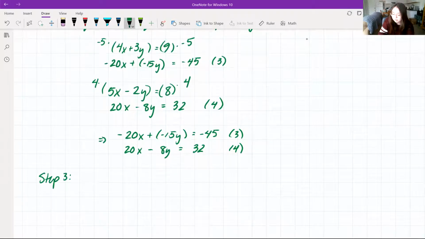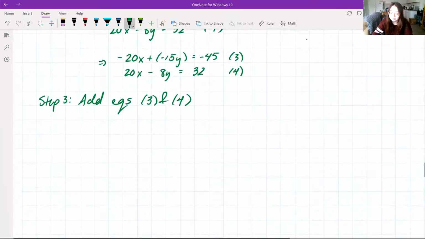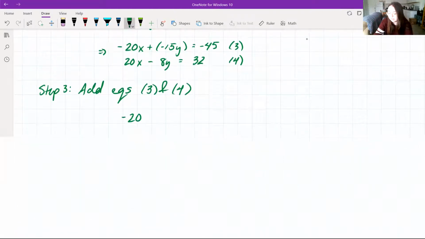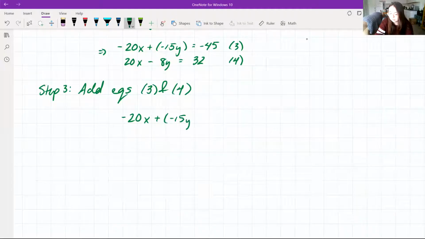And now for step 3, we want to add equations 3 and 4. And we want to add them vertically, so we have negative 20x plus negative 15y is equal to negative 45. And then we are adding 20x minus 8y is equal to 32.